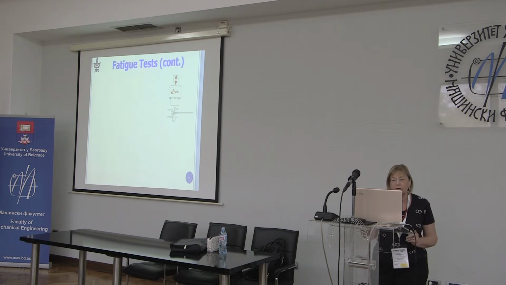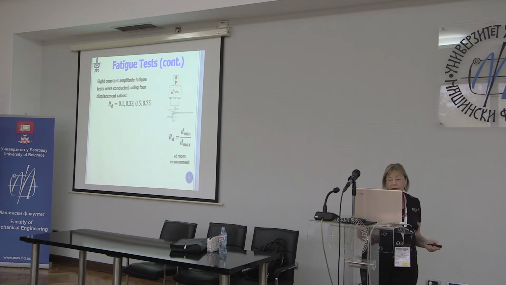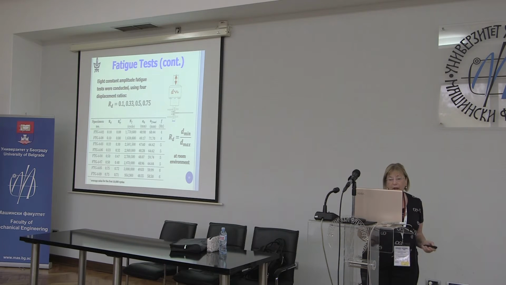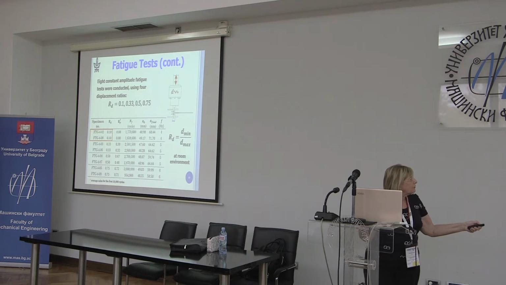It's not a COD. So we carried out 8 constant amplitude fatigue tests using 4 different displacement ratios, RD, of 0.1, 0.33, 0.5, and 0.75. And I hate tables, but I'll go through it very carefully. This is RD.